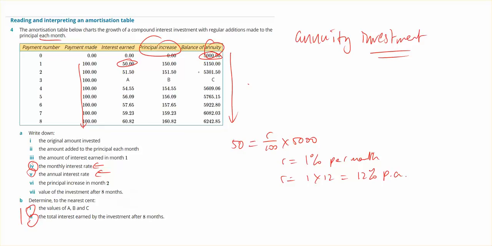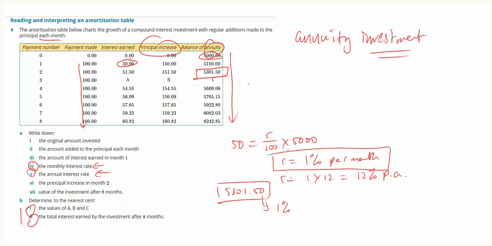Okay, so our previous principal is 5301.50. Now, that's the principal for payment number 2. So in payment number 3, the interest earned would be 1% of that, because that's the interest rate we worked out. It's 1% per compound period, 1% per month. So 1 divided by 100 times 5301.50.